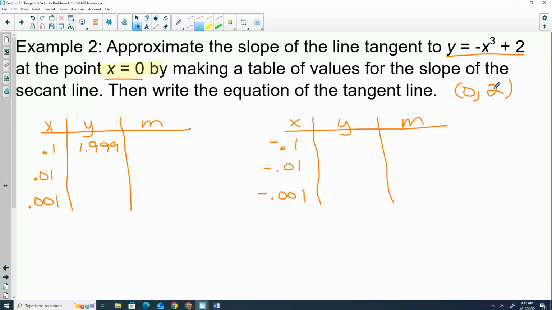Then we can do our slope. y2 is 2 minus 1.999 over 0 minus 0.1. And negative 0.01. Okay, does everyone understand where I got both of those numbers?